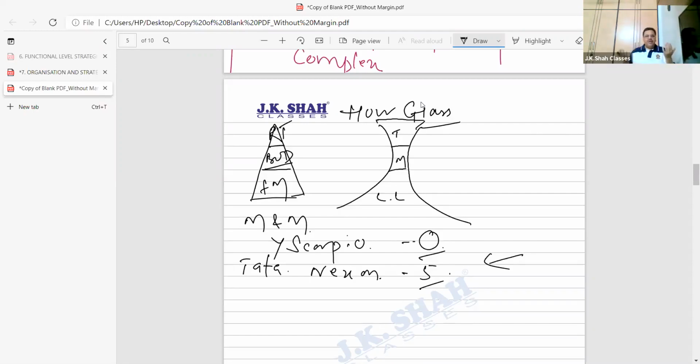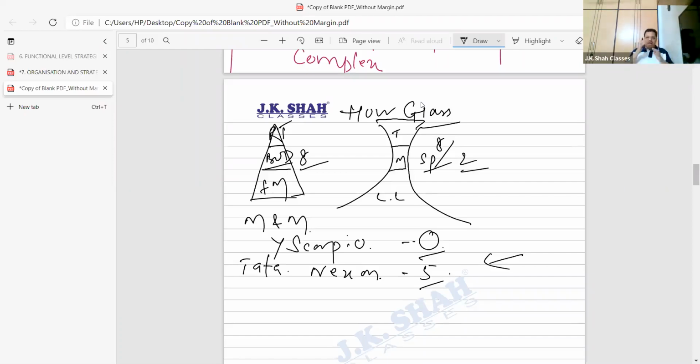So with that particular thing in mind, what is happening? You are trying to curtail the requirement of middle level managers. Middle level managers, which we used to have, specialists in every field. Suppose we have 8 specialists, so we had 8 board of directors. Now we say we want only 2 generalists. What does it mean?